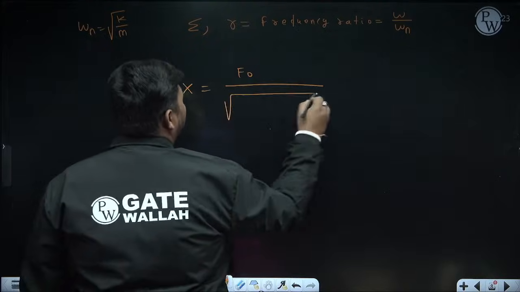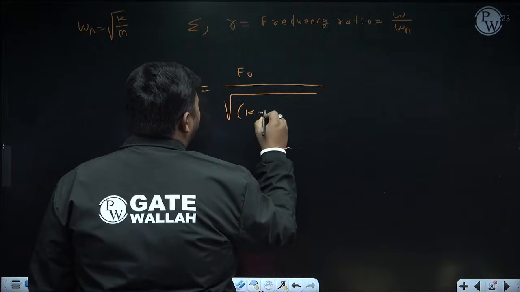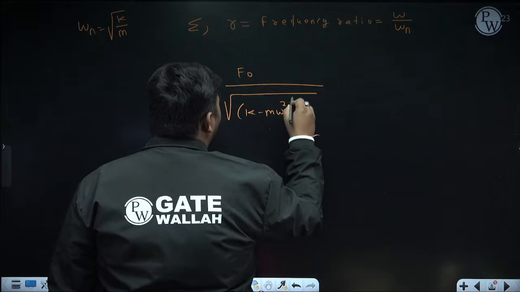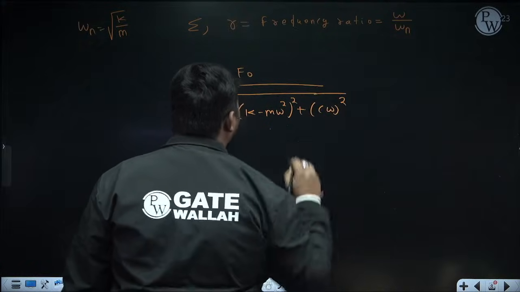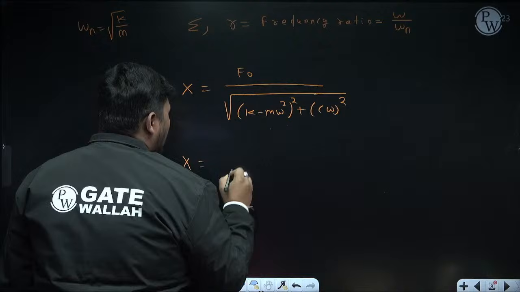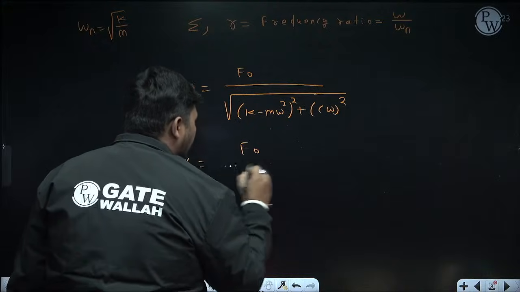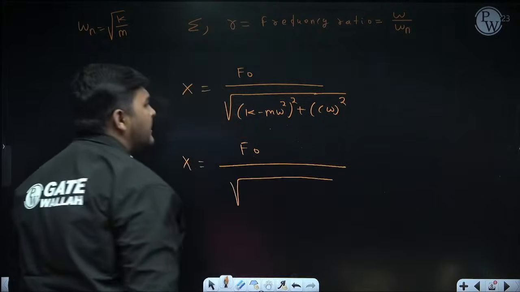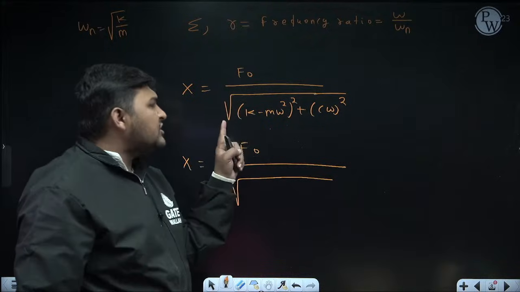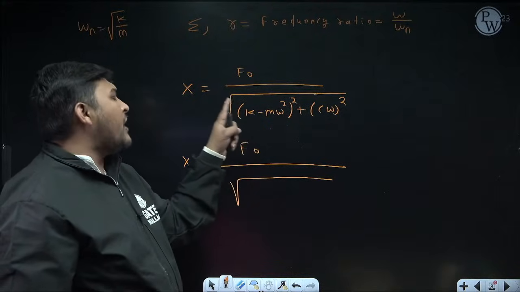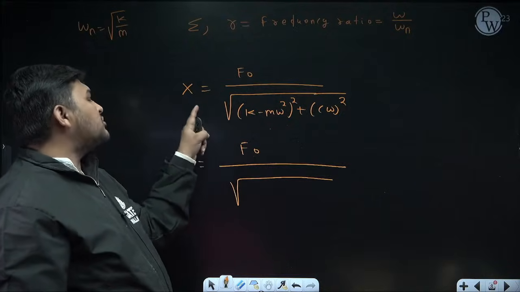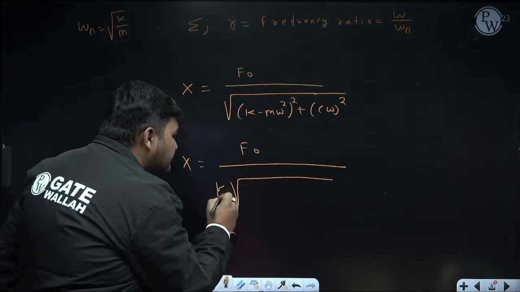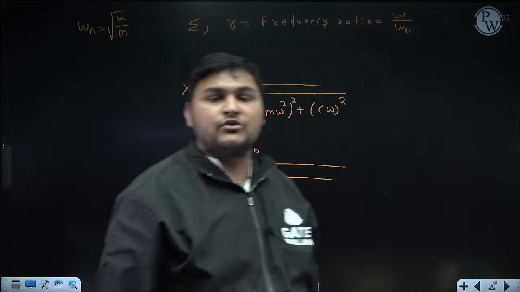Capital X equals F naught upon root over (k minus m omega square) whole square plus (c omega) whole square. What I am doing now is, from inside this square root, I am bringing k square common. If you take k square common and bring it outside the root, it will become k, because the square root of k square is k.